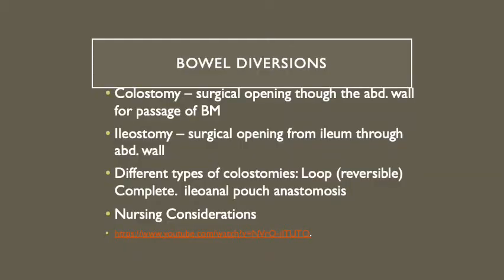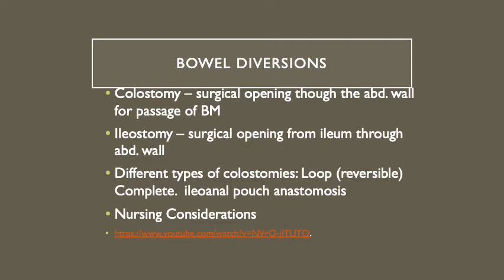Okay, so let's look at bowel diversions. In the event that there is disease of the colon, anything from ulcerative colitis, diverticulitis, bowel perforations, or something like Crohn's disease where a portion of the colon has to be removed, then a diversion is made, where the distal portion of that bowel is drawn out through the abdominal wall for the passage of the bowel movement.